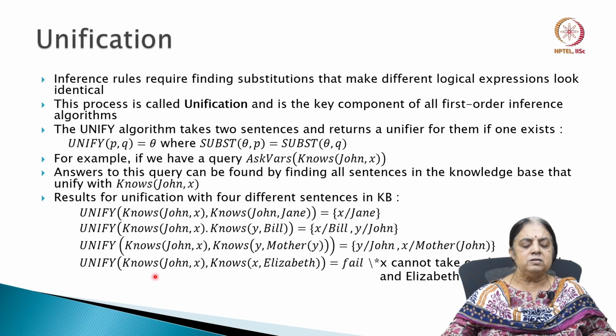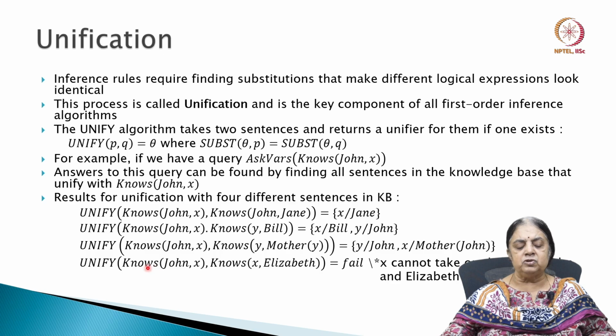Now if we take this last sentence, Knows(John, X) and Knows(X, Elizabeth), you cannot unify these because you have the same variable X. The same variable X cannot be both John and Elizabeth at the same time. So how do we take care of this? We need to make sure we are not using the same variable.